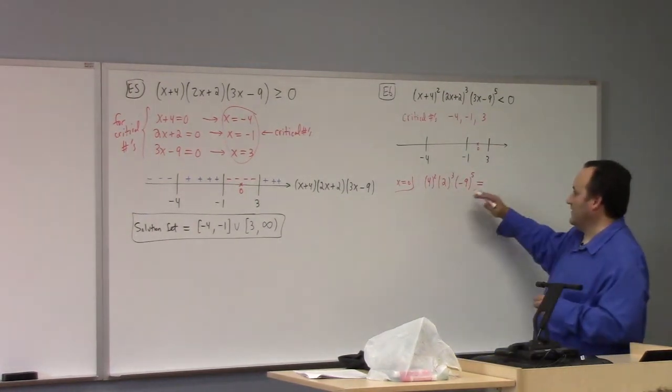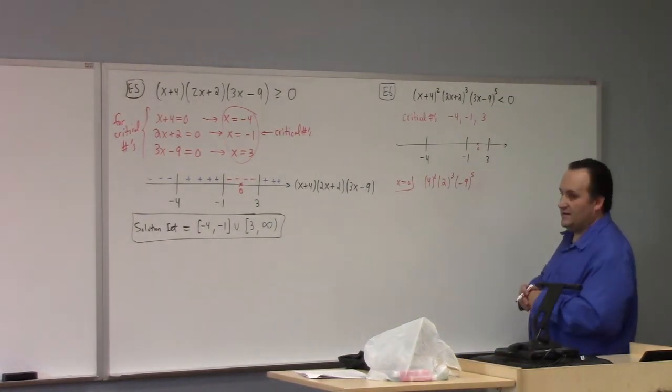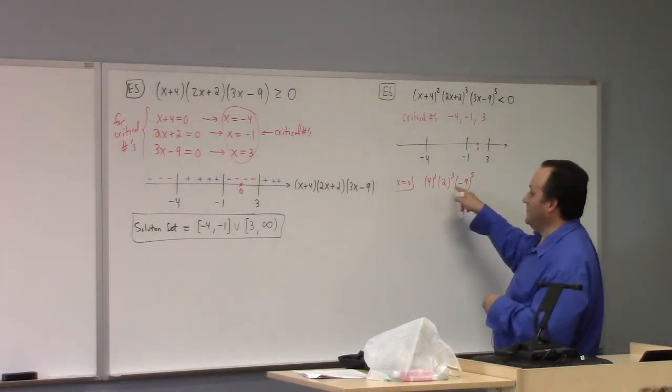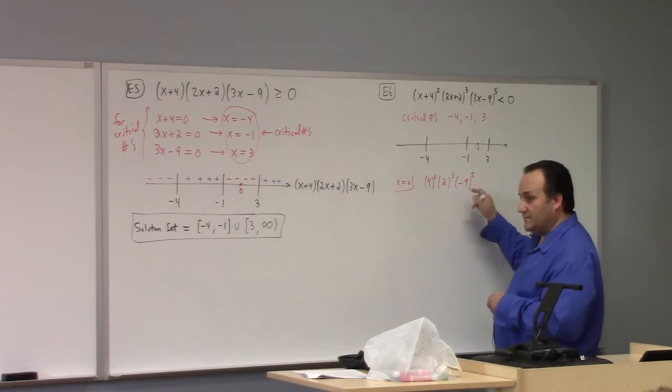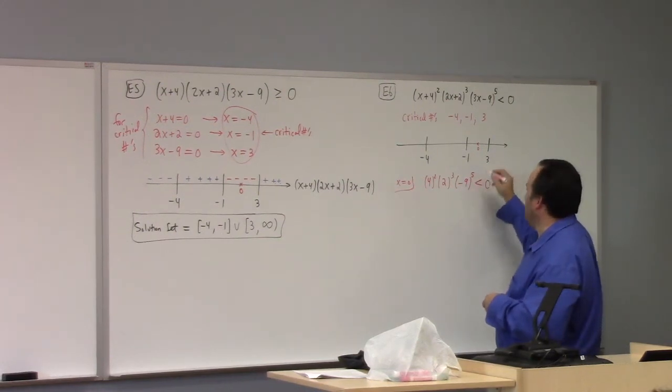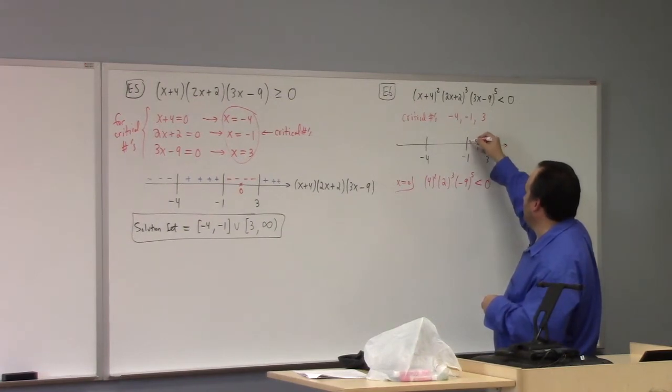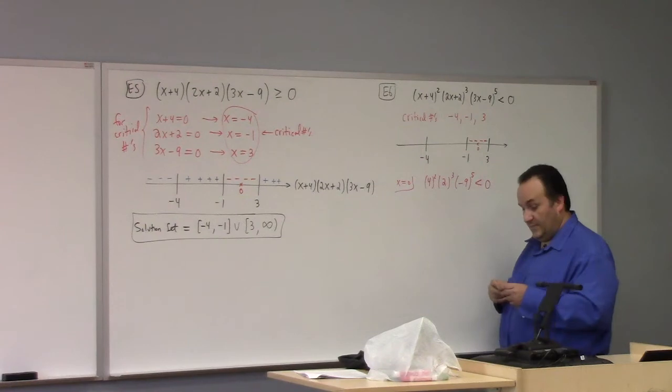Actually, I don't care what this number is. The point is, is it positive, is it negative? It's negative, right? Because this is plus, but -9 to the 5th power is negative. So this is less than 0, so it's still minuses in this case, but for a slightly different reason than the last one.